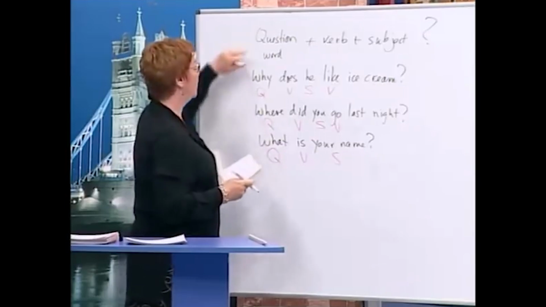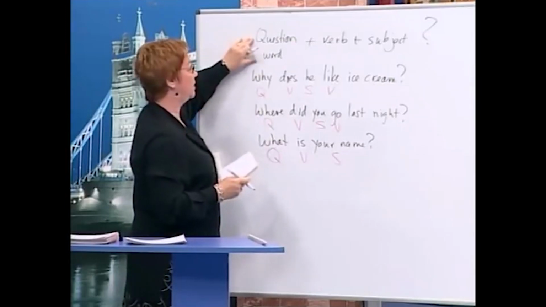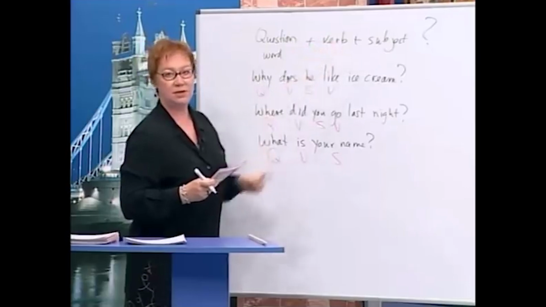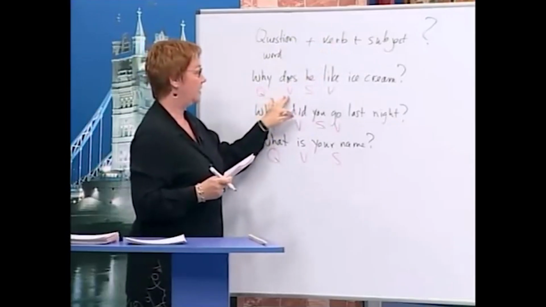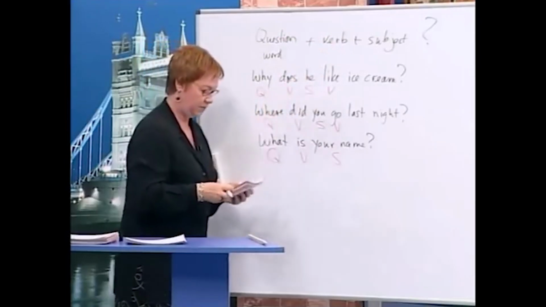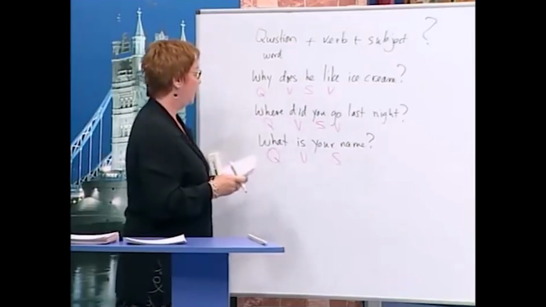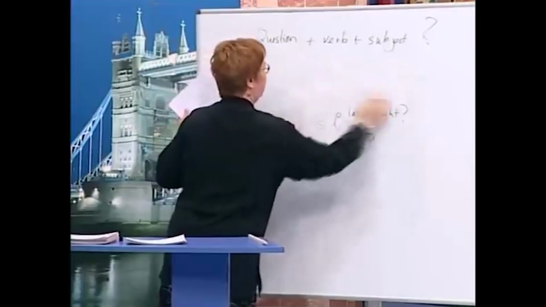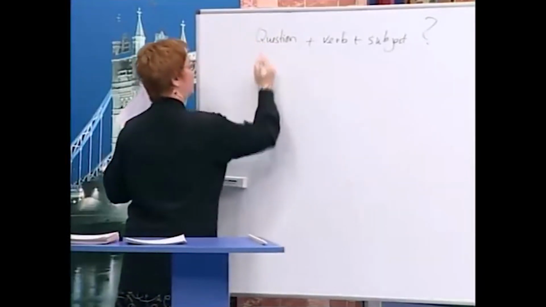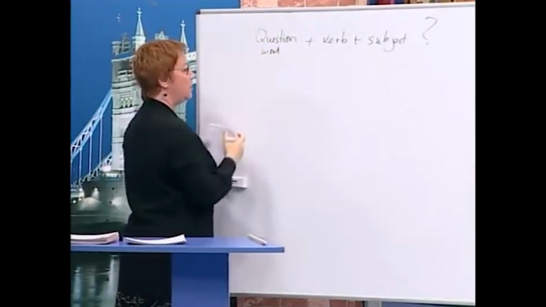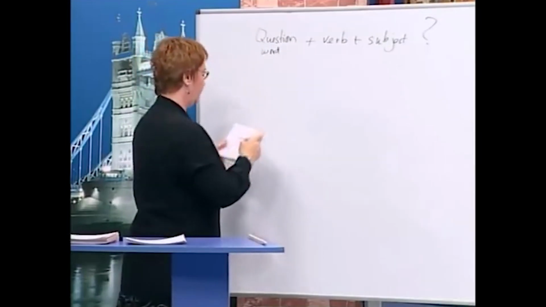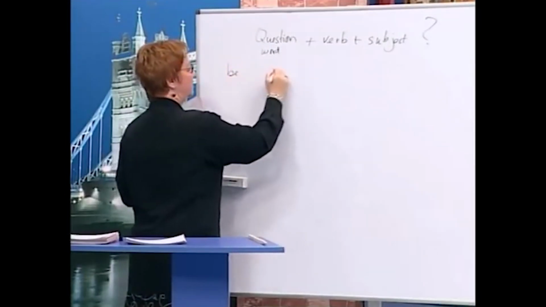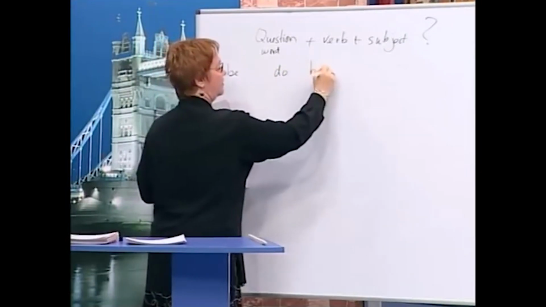Okay, so here's what it should look like. Question word, verb, and subject. And remember that in some you have a helping verb. Okay, now, the helping verbs, let me make more space here. Oops. Put this back. Okay. The helping verbs are usually be, do, or have.